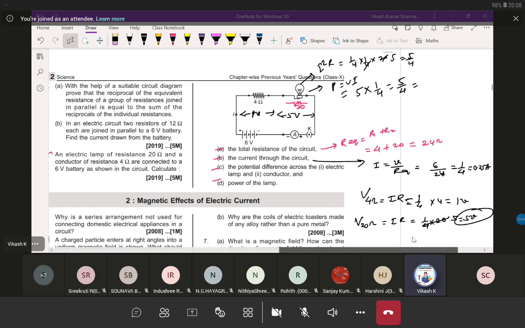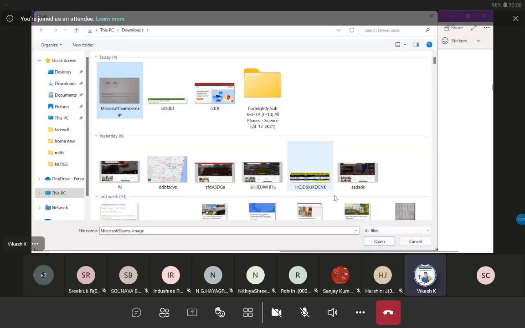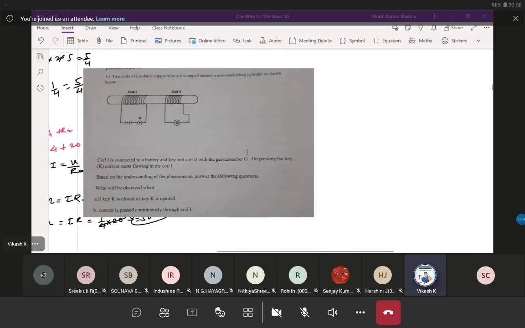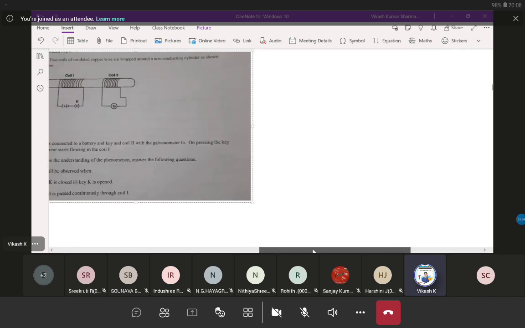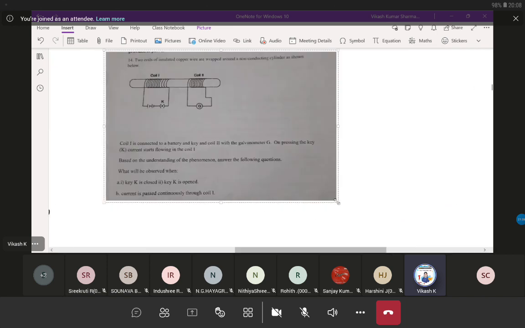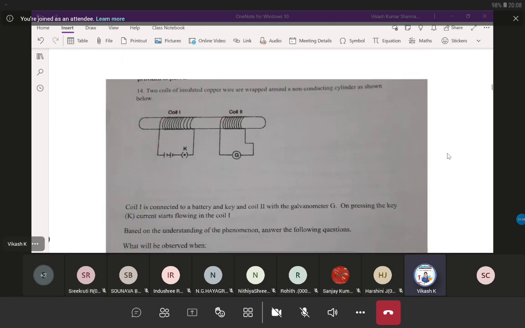So, one student is asking a doubt, beta. Everyone just take a look at this. Is the question visible to everyone? So, read the question.